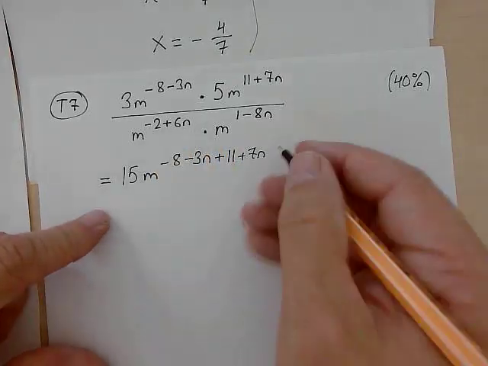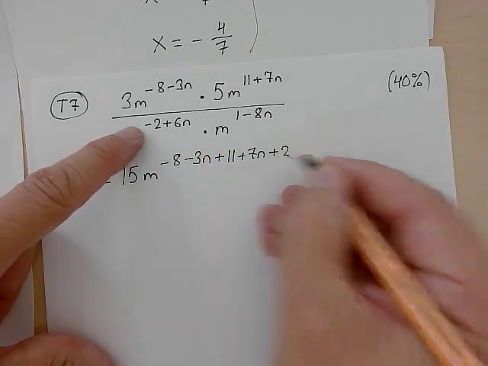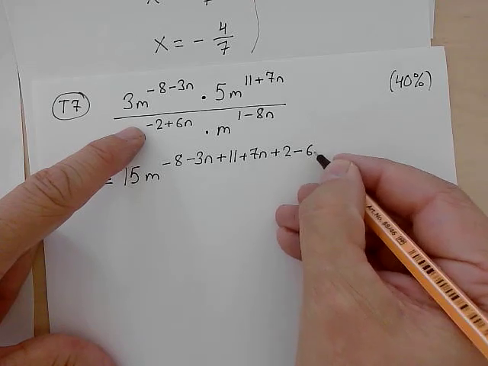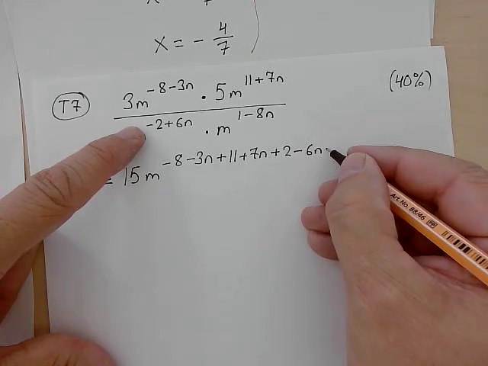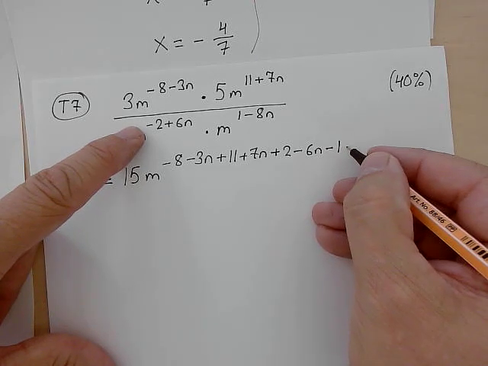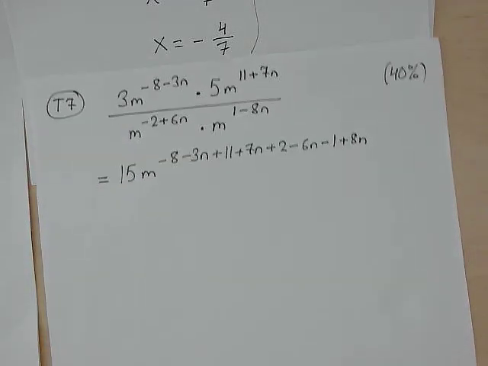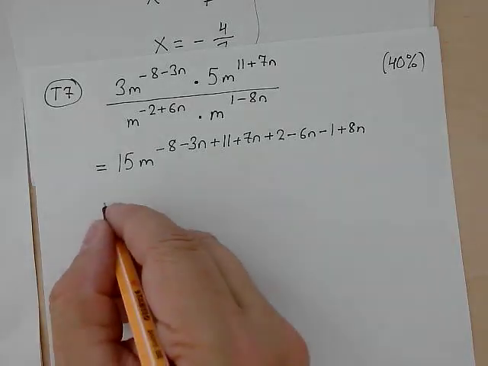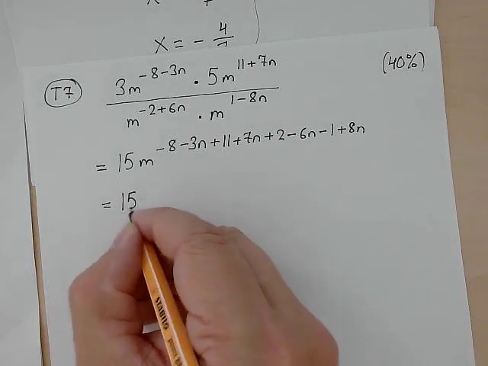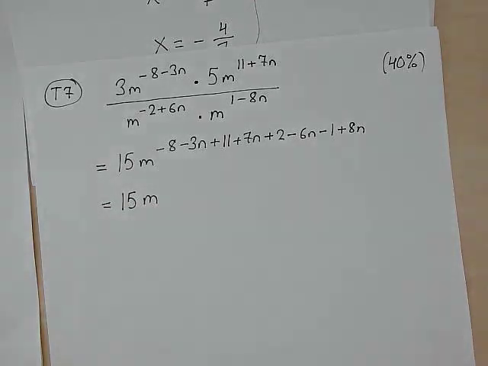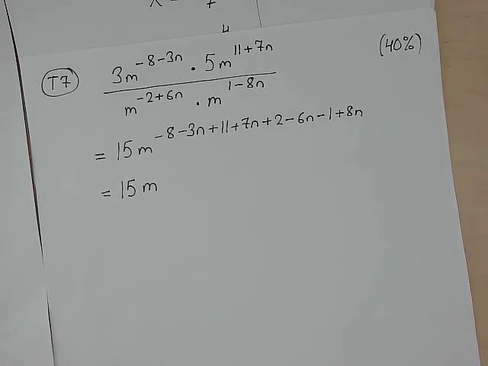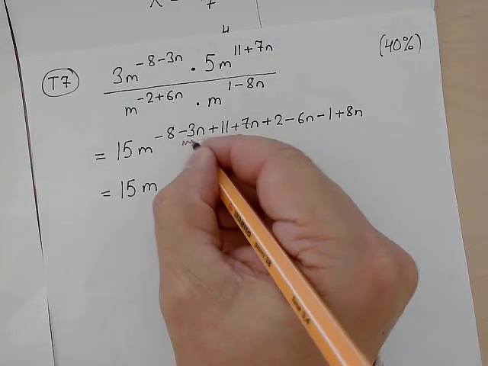So this will be plus 2 minus 6n minus 1 plus 8n. And then we just collect the n letters and simple numbers there.